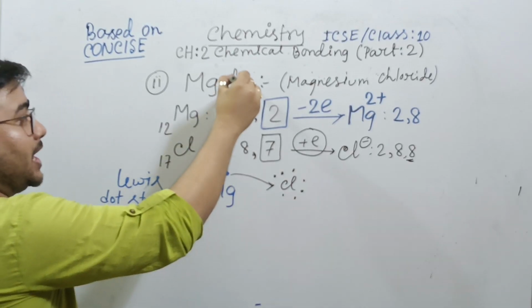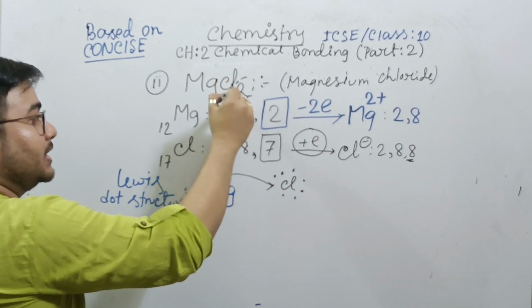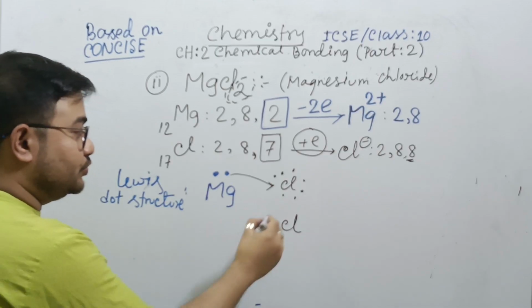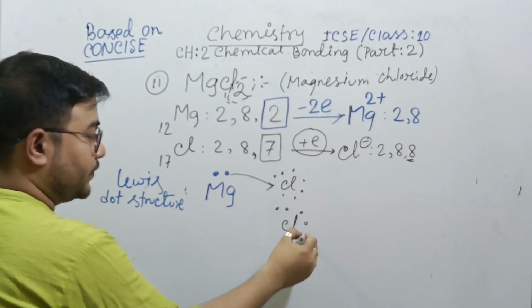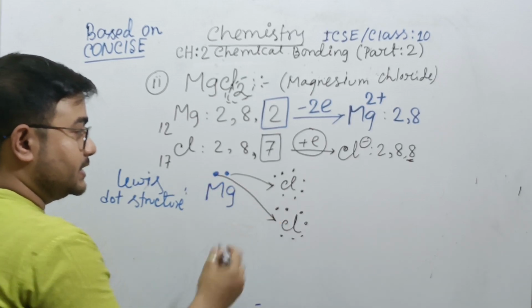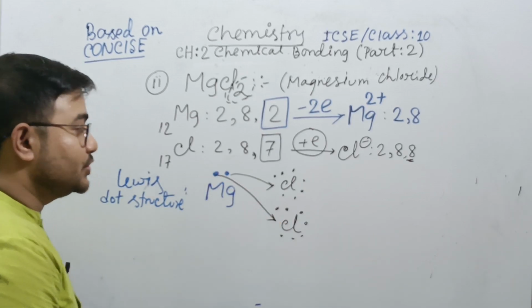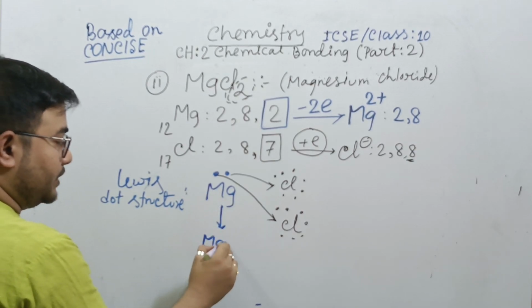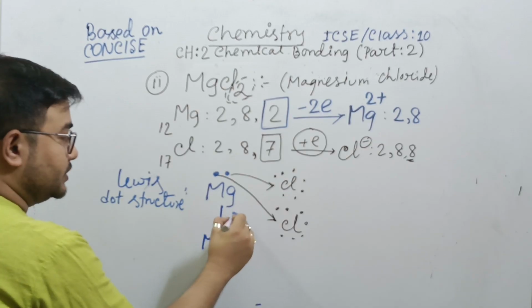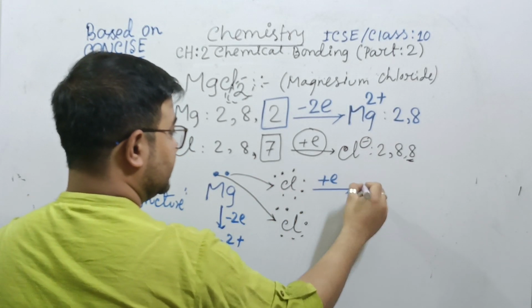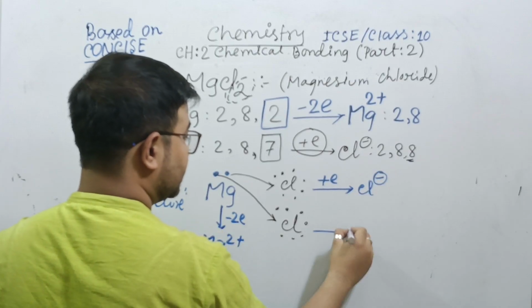Look at this structure. How many chlorines are here? 2. So 2 chlorines, each with 1, 2, 3, 4, 5, 6, 7. So this electron is again donated here. Do you understand? After losing these 2 electrons, magnesium forms Mg2 plus. After acceptance, each chlorine forms Cl minus.